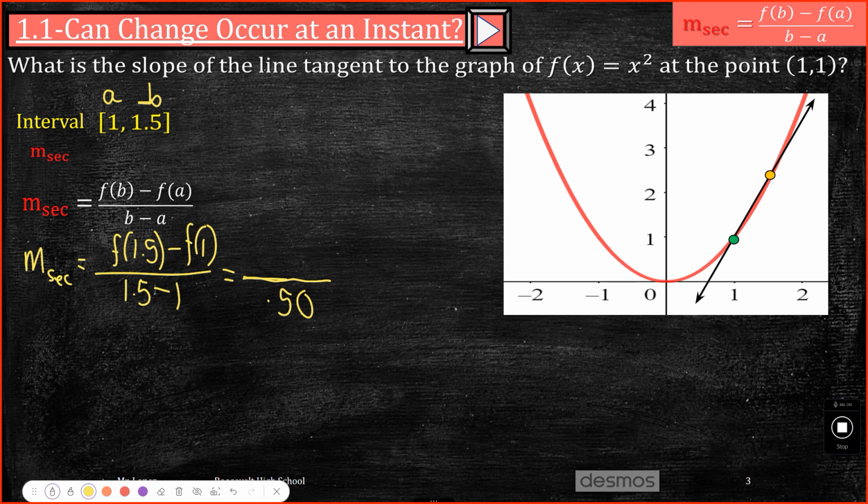What's f of 1.5? All right, look up here.